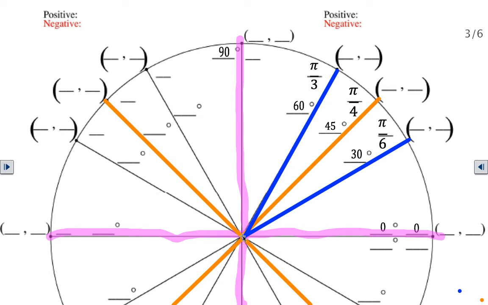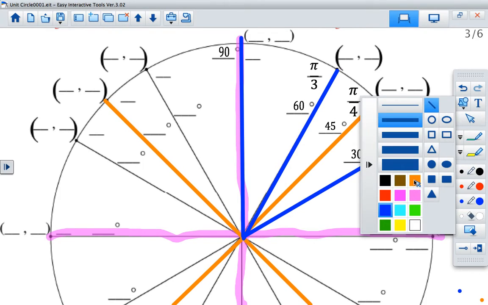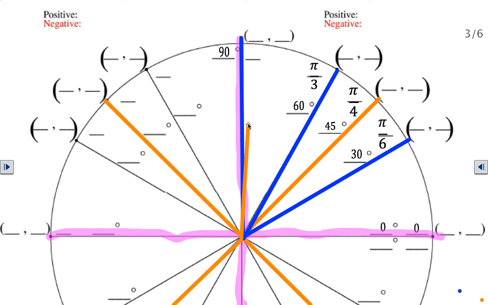Okay, so you'll notice that for some of these you're overlapping. So the pink line and the blue lines and the orange lines, you're all overlapping on your axis. So your x-axis, y-axis, those always overlap, because when you break each one into halves or thirds, you overlap there.